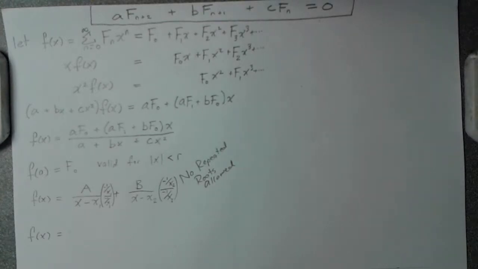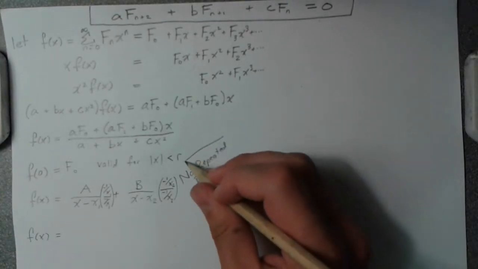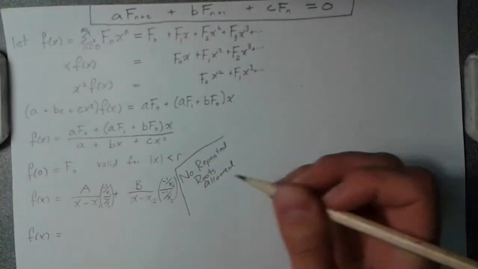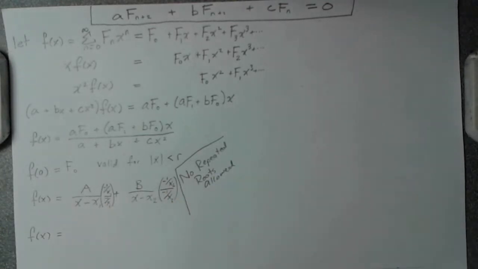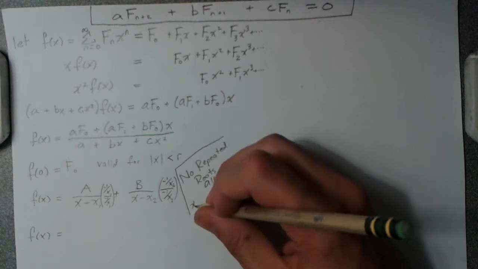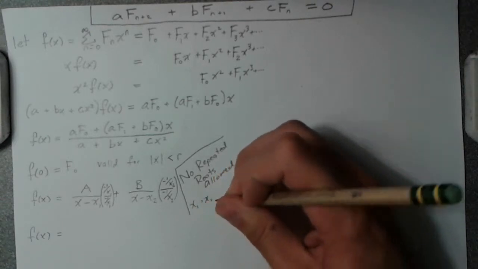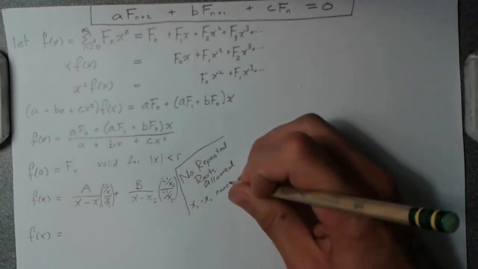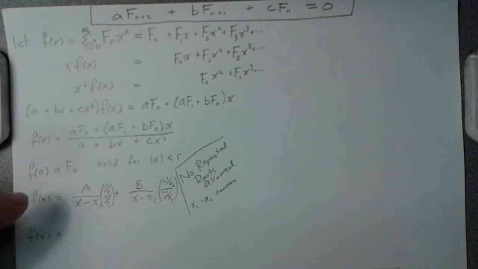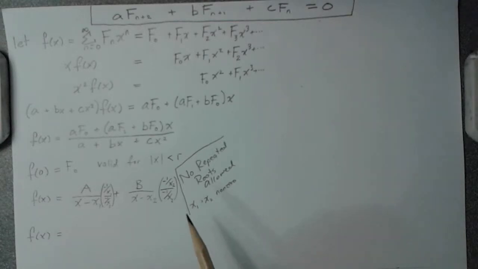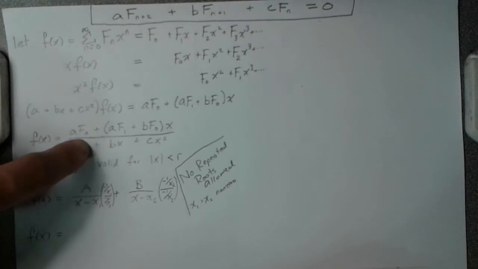And so I'm actually making another assumption. You can't divide by 0, so I'm also assuming that x1 and x2 are not 0. We could do that in a separate case, but it's pretty easy to see that if you have a root of 0 in your denominator, that would mean that this a here is 0.